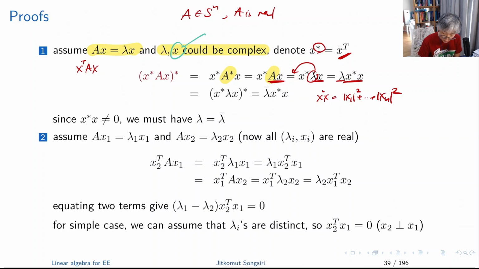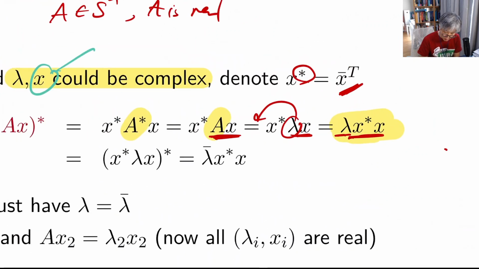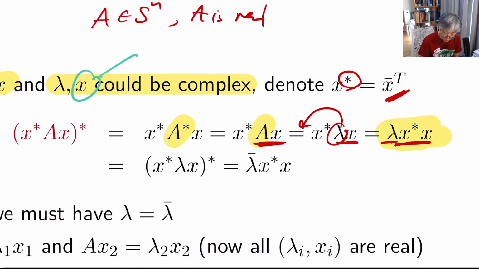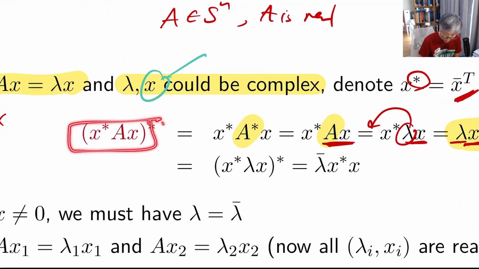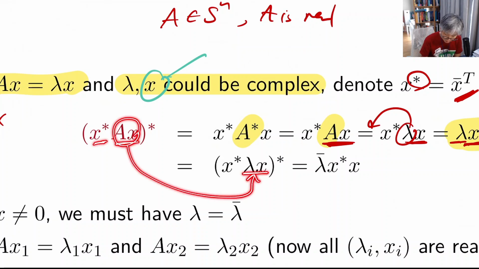Okay, now I put that term on hold, but I'm gonna derive by using another direction. Now I start with this term, all right, and I look at this term directly. My x star ax, my ax is lambda x because x is the eigenvector, okay?